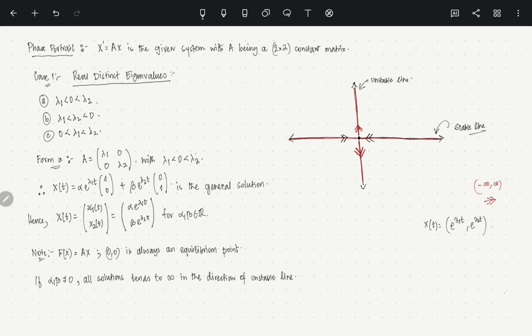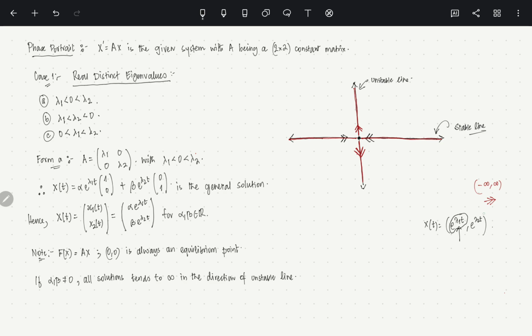Now you see x of t equals e power lambda 1 t and e power lambda 2 t. Lambda 1 is negative, lambda 2 is positive, right? And we want to see what this trajectory looks like. Now when you start at minus infinity, very close to minus infinity, since this particular lambda 1 is negative, at minus infinity this particular coordinate blows up, right?